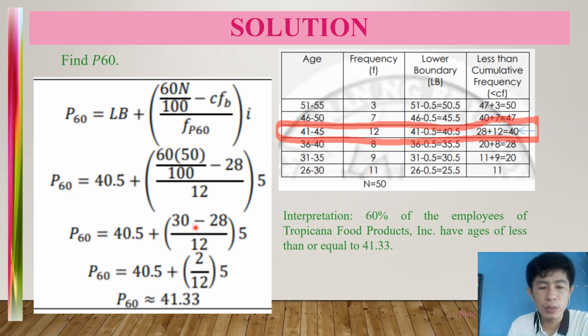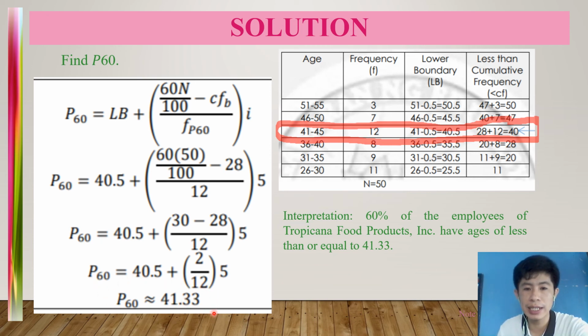So, we will just subtract 30 minus 28 divided by 12. 30 minus 28 is 2 divided by 12. So ang gagawin nyo, 2 divided by 12, then times 5 plus 40.5. So, the answer is approximately equal to 41.33. This is now the value of the percentile 60.